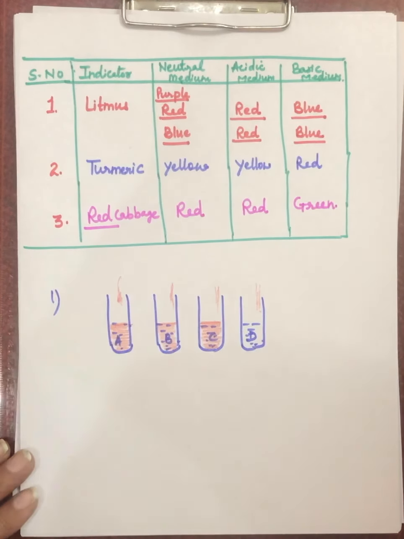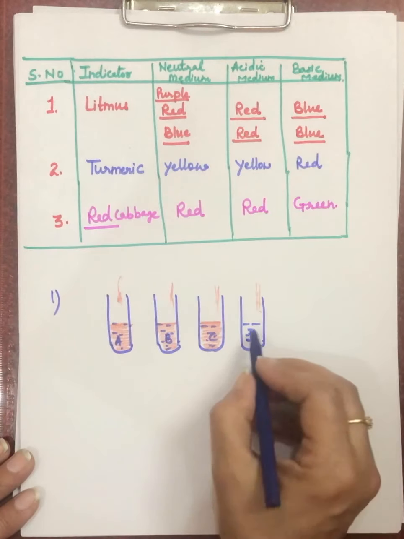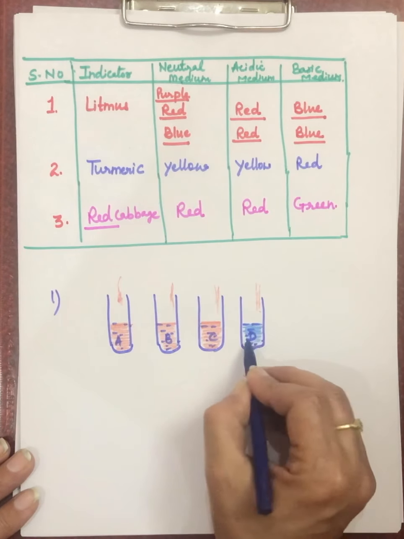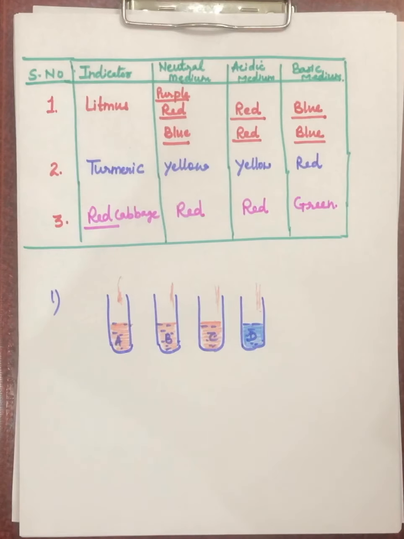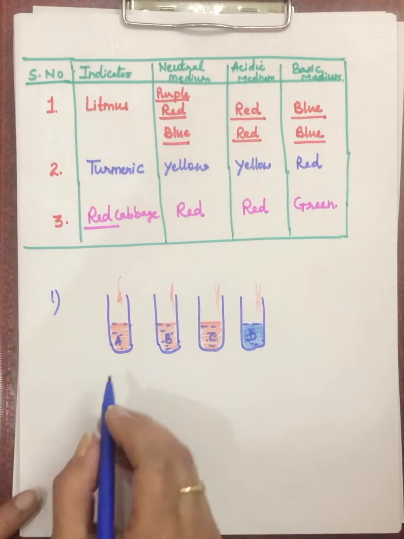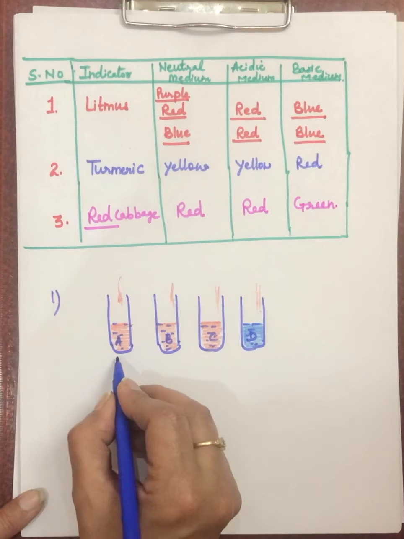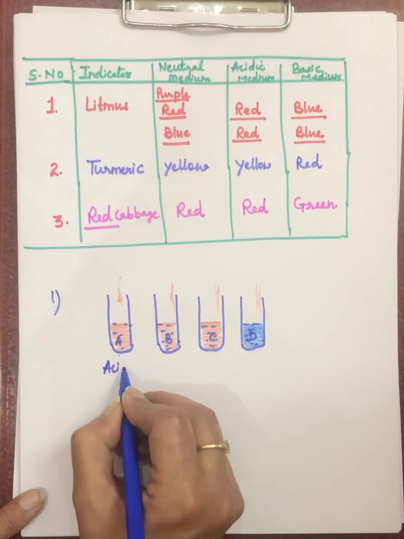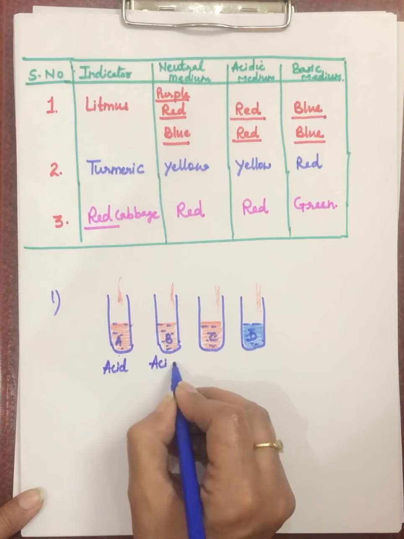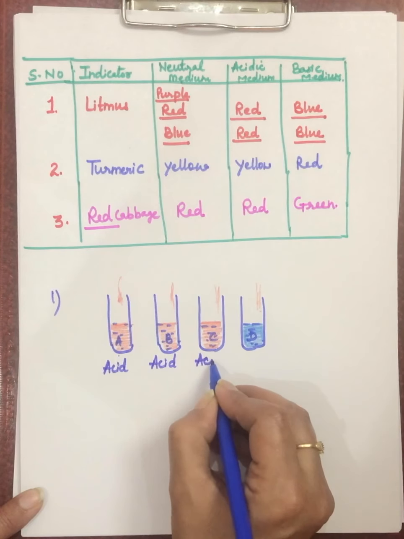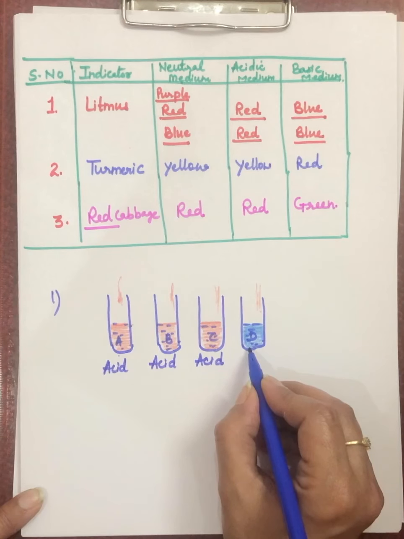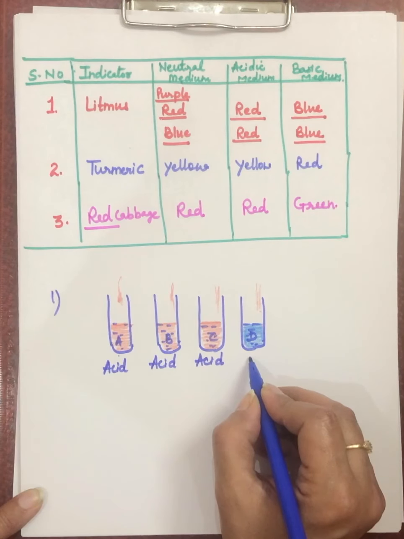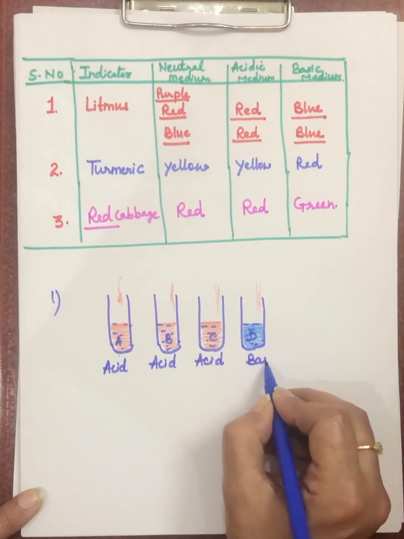But in the last one, the red has changed to blue. So what do we infer from this? If the red litmus solution remains red, that shows there is an acid in these test tubes, because in acidic medium the red litmus solution remains red. While here the red changes to blue, this shows that this one is basic in nature.